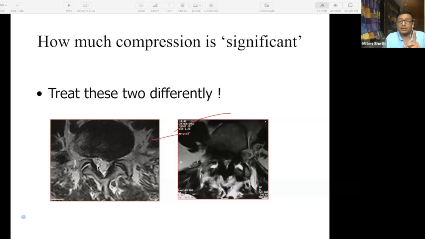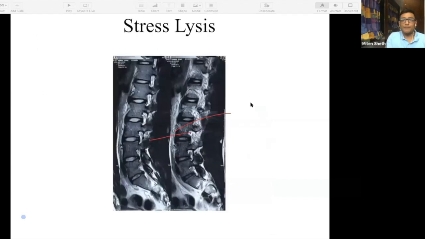But this patient, in spite of having a block, in spite of doing everything, still was complaining of symptoms. And hence this is a significant MRI which eventually required a microdiscectomy. So reading it directly cannot tell you if it is significant or not. That's why again and again I'm telling you, clinico-radiological correlation is very important.